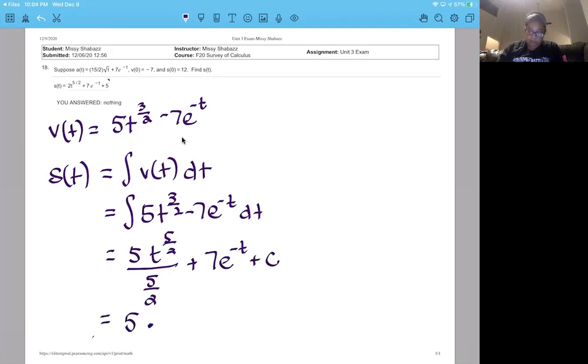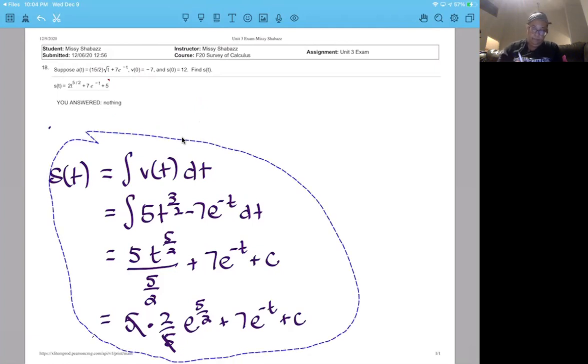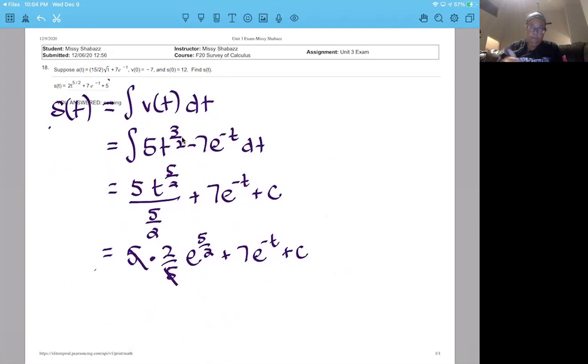Multiply by the reciprocal, so 5 times 2/5 t^(5/2) plus 7e^(-t) plus my constant. My 5s cancel, and my position function is 2t^(5/2) plus 7e^(-t) plus a constant.